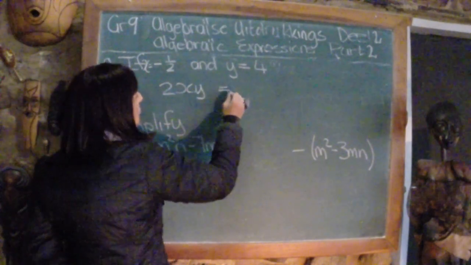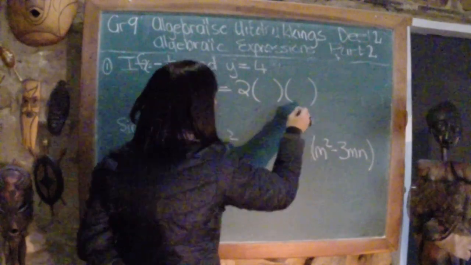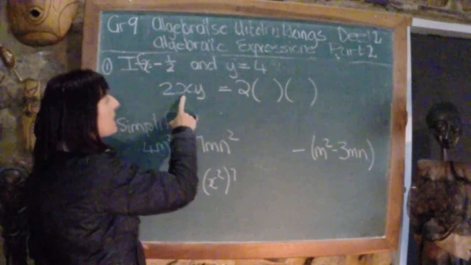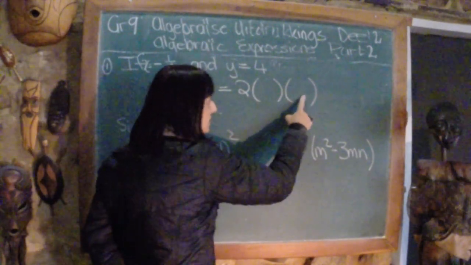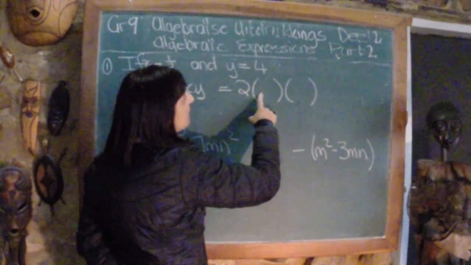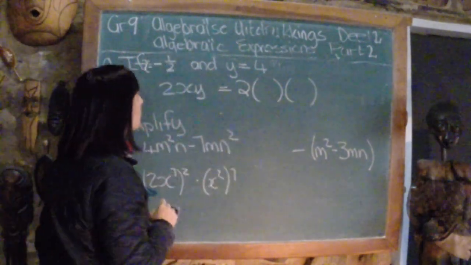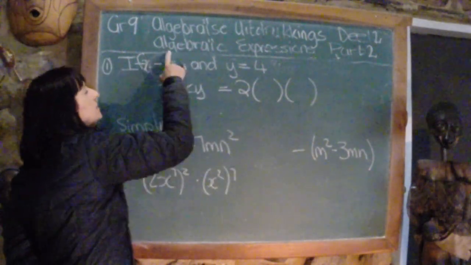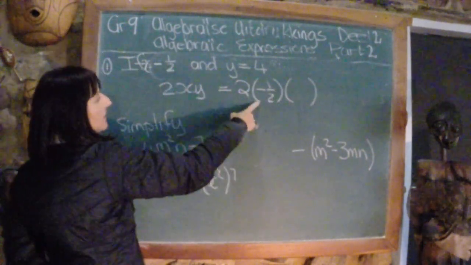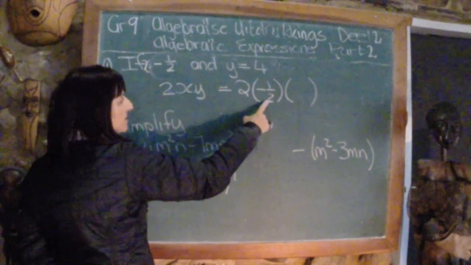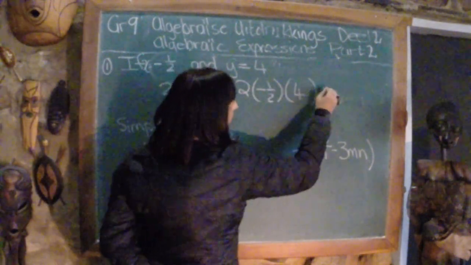When we substitute, we use brackets. See that I'm replacing my x and my y with little placeholders. I write the value of x in the place of x, and the value of y in the place of y.